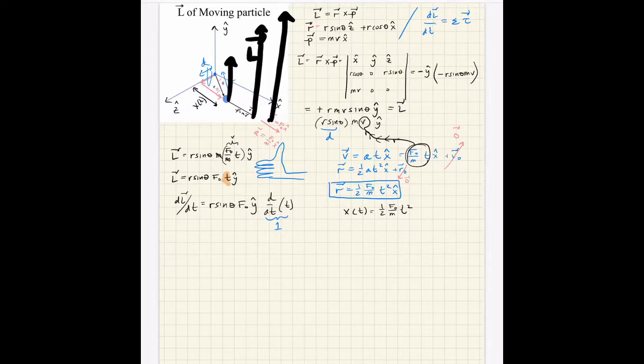So dL/dt is not 0. In fact, it is r sin theta F naught in the y-hat. I've taken the time derivative, and now I'm going to check this and ask: is this also equal to the sum of torques acting on my system?